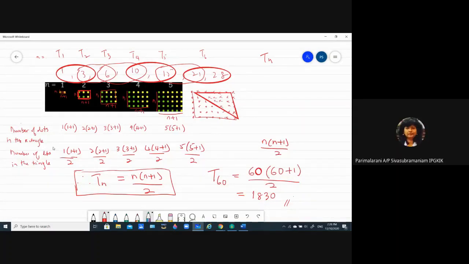Or we can say the sum of two consecutive, that means berturut-turut, triangular numbers always results in a square. Okay, so that is the other pattern that we can see here. So we have finished with triangular numbers.